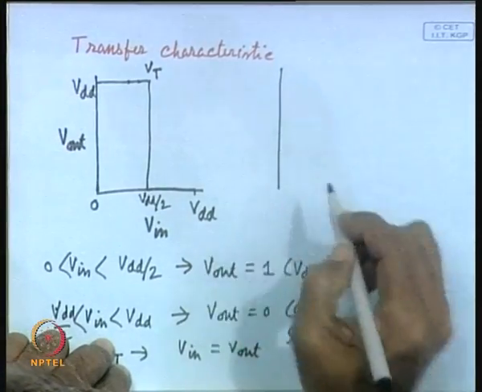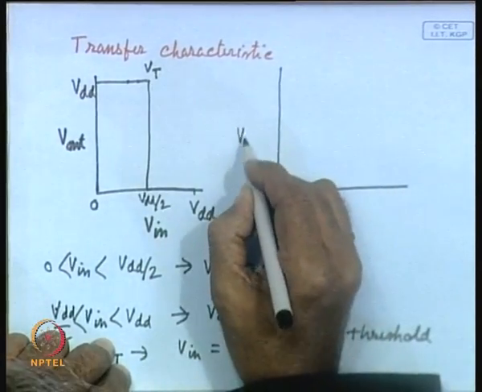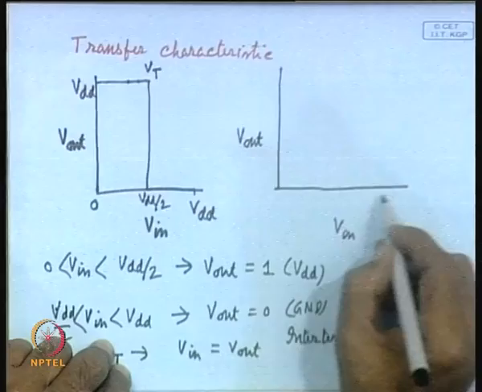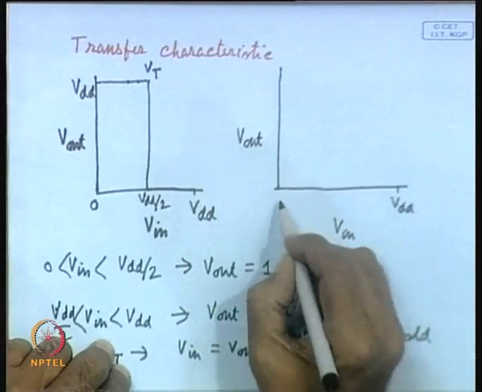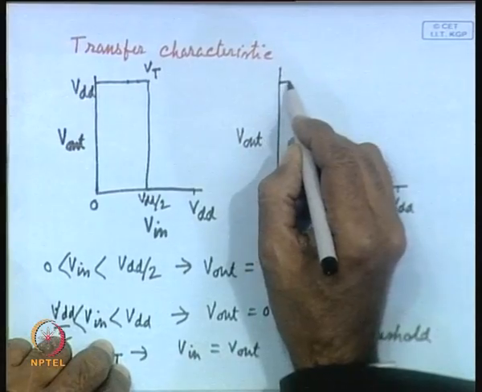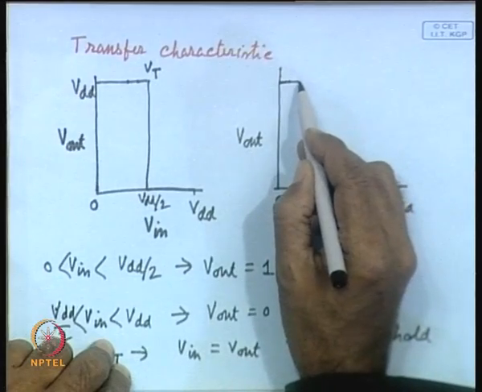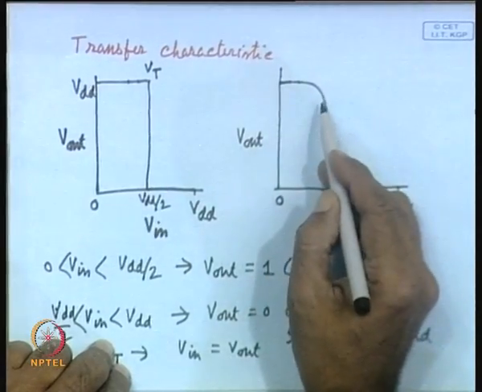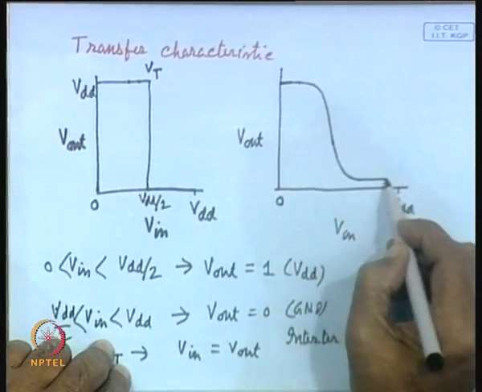You can see here, again this is your V in and this is your V out, and input is changing from 0 to VDD, and initially when the input is 0, output may be equal to VDD or little less than VDD. Why? We shall see later whenever we go for actual representation. And then it will not really change abruptly, it will follow a kind of smooth curve, and it will be somewhat like this.